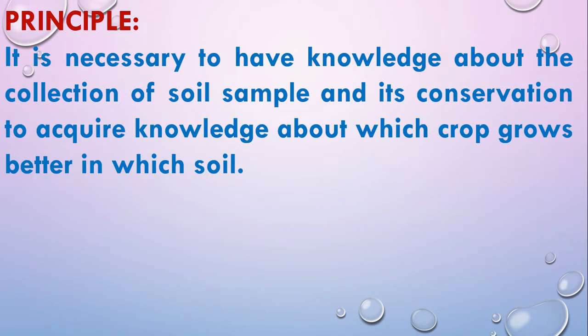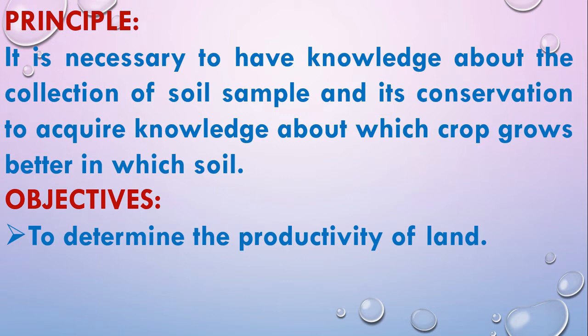It is very important to know about the collection of soil samples and their conservation, to acquire knowledge about which crop grows better in which soil. If we do not know this, we cannot get the expected production from the soil. So what will be the objectives of this experiment?